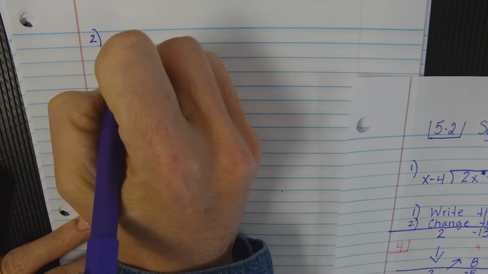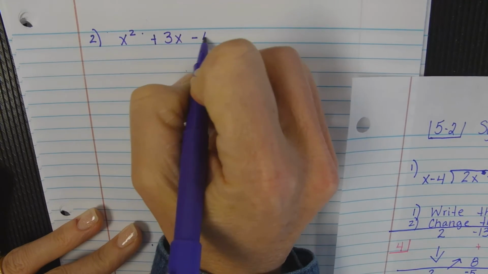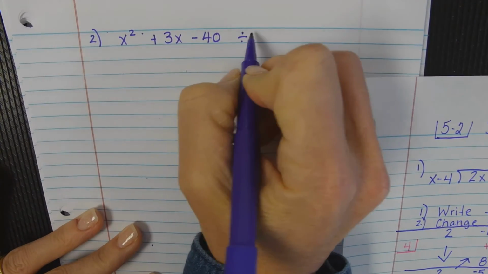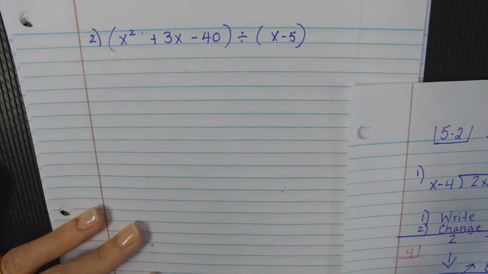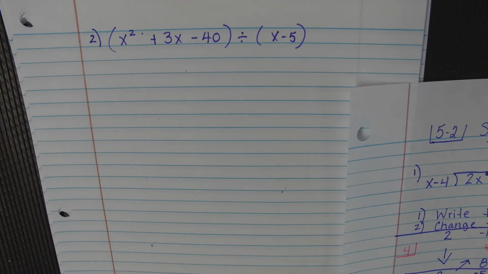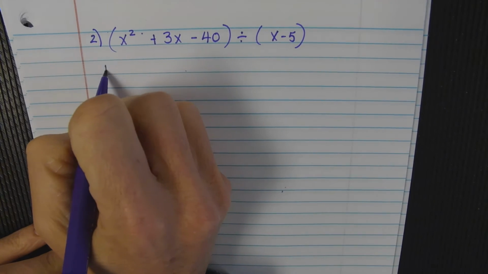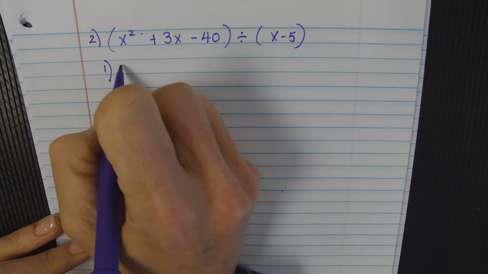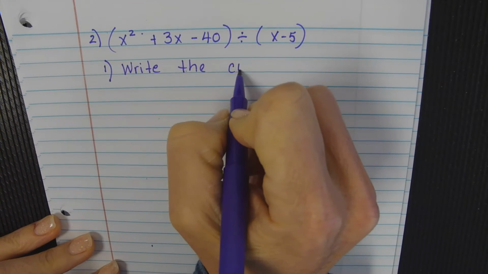All right, here we go. X squared plus 3x minus 40 divided by, I'm just writing this a different way, x minus 5. First step, write the coefficients.